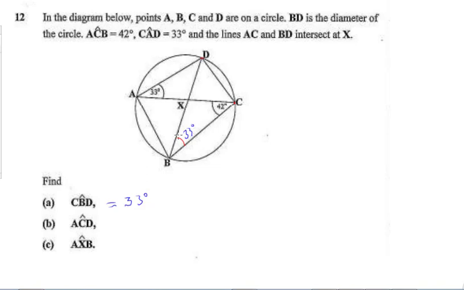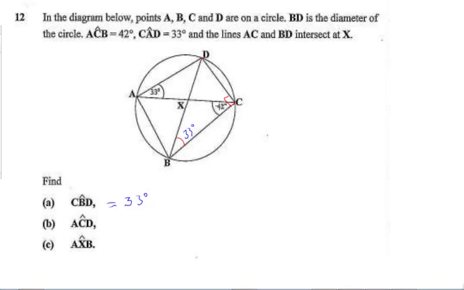And if line BD is a diameter, it means we have a triangle in a semicircle, and the angle here, let's use red, is 90 degrees. The angle at the circumference is 90 degrees.